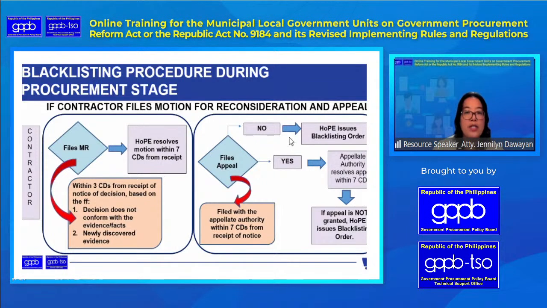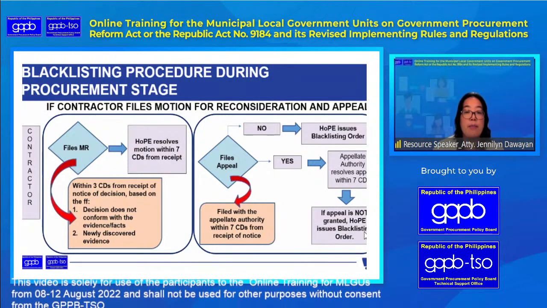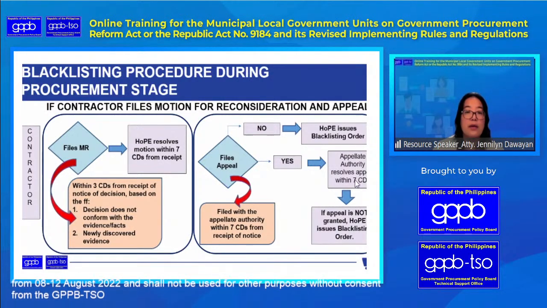Kapag hindi naman siya mag-file ng appeal, then there is already the final decision to issue the blacklisting order. So yun, very, very important. Or if the appeal is not granted by the appellate authority, then the HOPE still issues the blacklisting order.